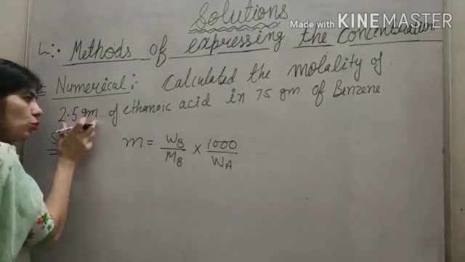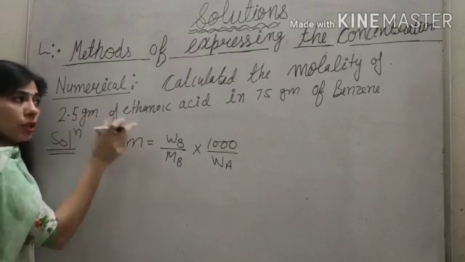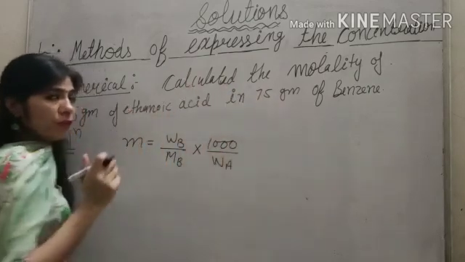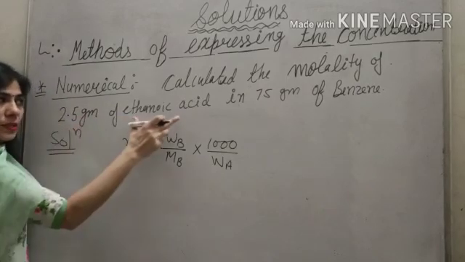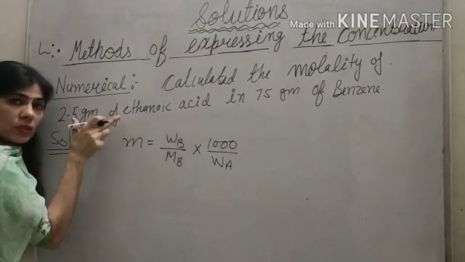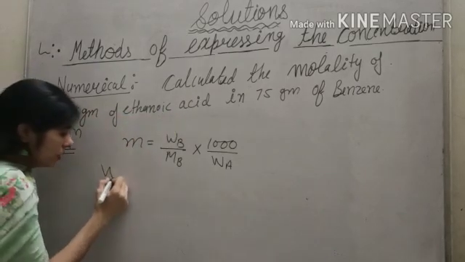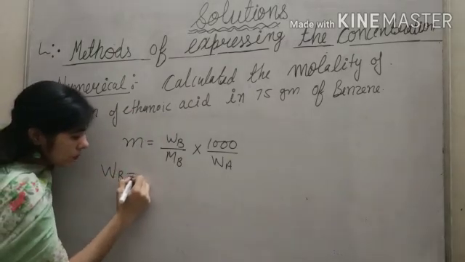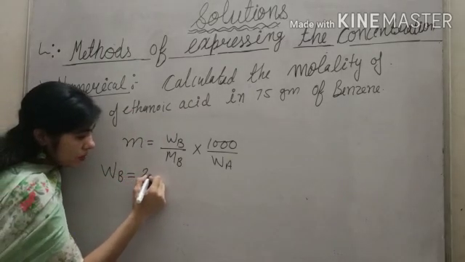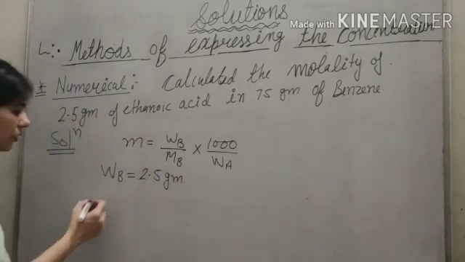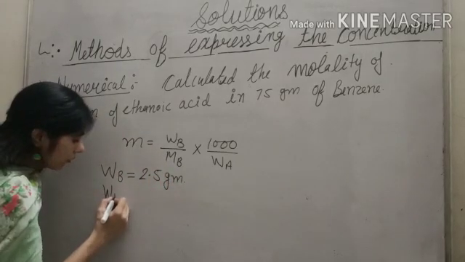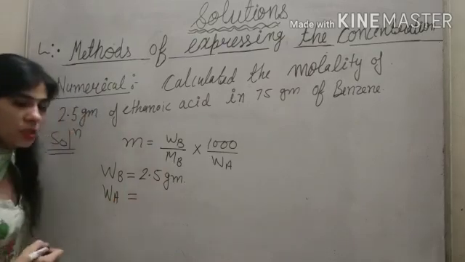It means 2.5 gram of ethanoic acid is dissolved in 75 gram of benzene. So 2.5 gram of ethanoic acid is the mass of solute. So WB is 2.5 gram, and 75 gram is the given mass of the solvent.